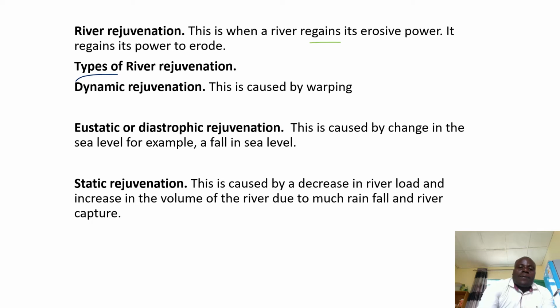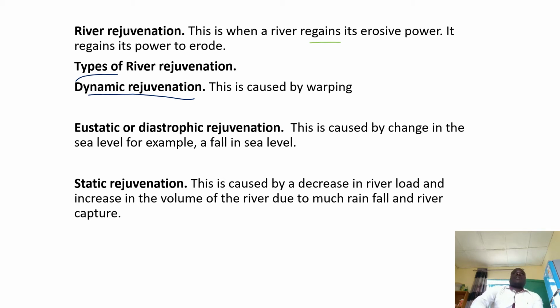For example, we have dynamic rejuvenation. This is river rejuvenation caused by warping. Warping involves both upwarping and downwarping. So take an example.